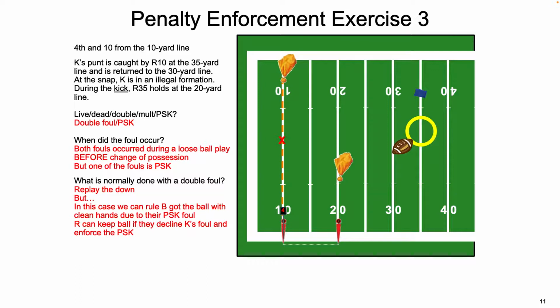So if we decline the illegal formation, we enforce the hold, which would be basically from the end of the kick. B can keep the ball and back it up 10, and they'll have first down. In this case, we'll start the clock on the snap because of a new series. So we'll back it up 10 from the 35 to the 45, and R will get first and 10.